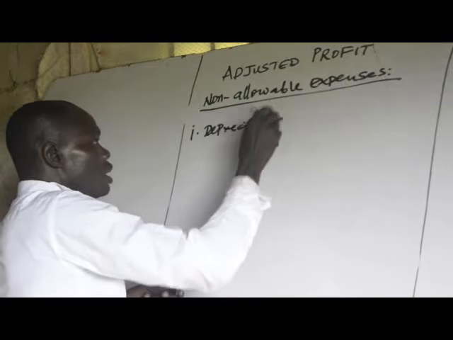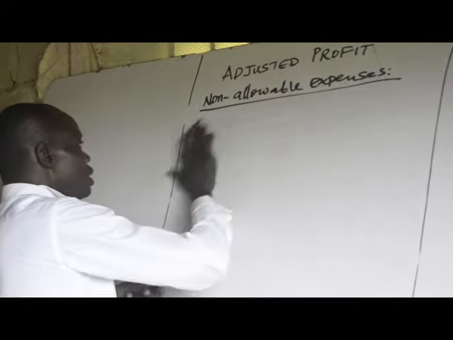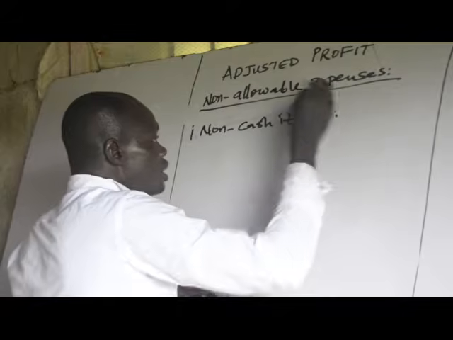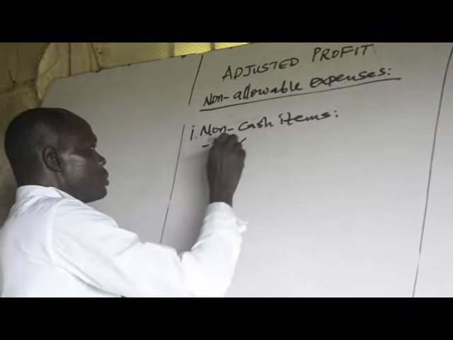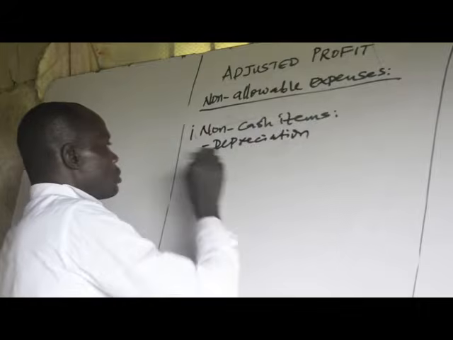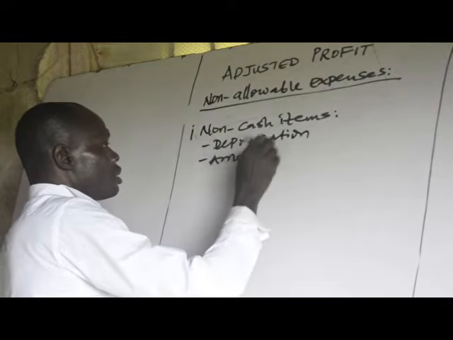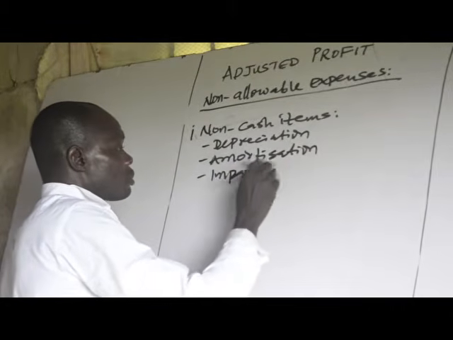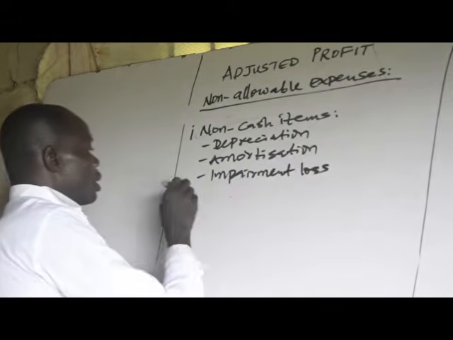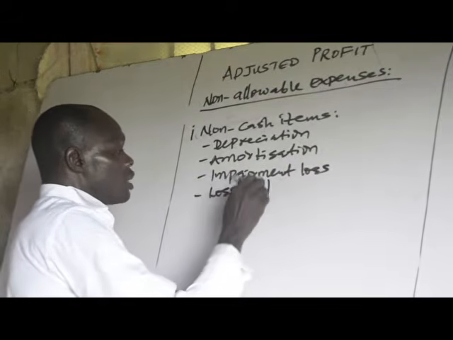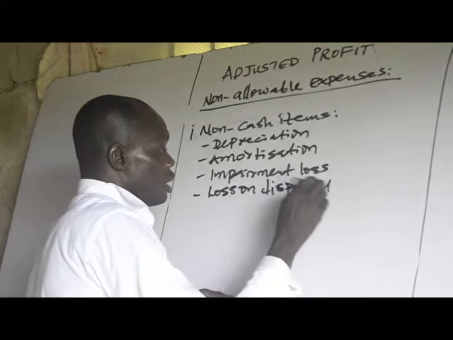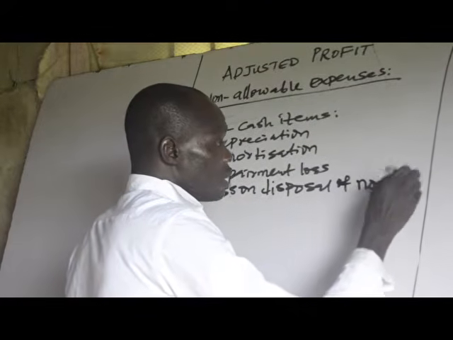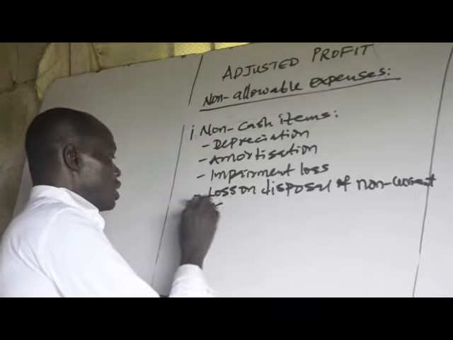Let me say non-cash items, such as depreciation, amortization, impairment loss, loss on disposal of an asset or non-current assets.